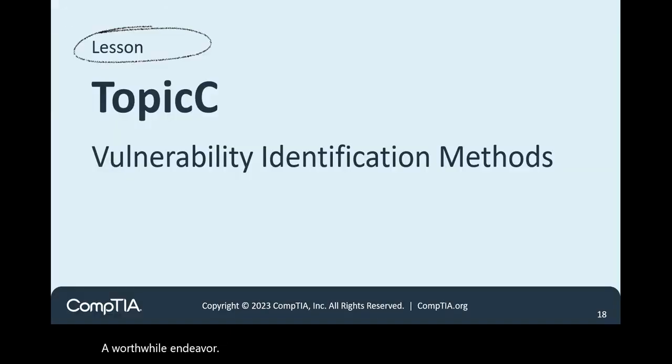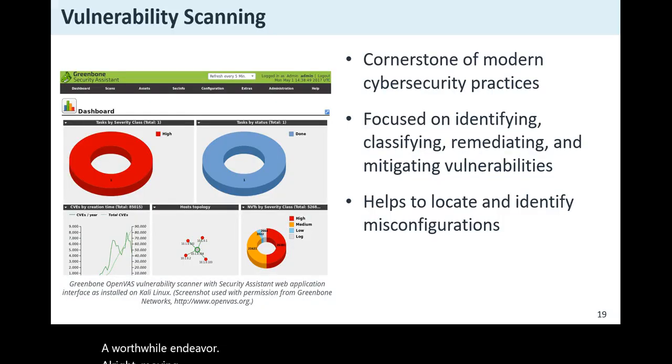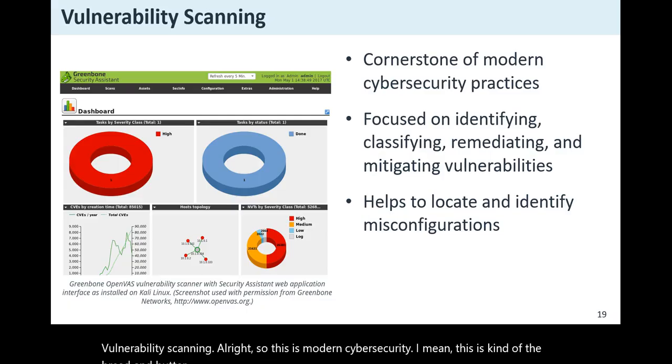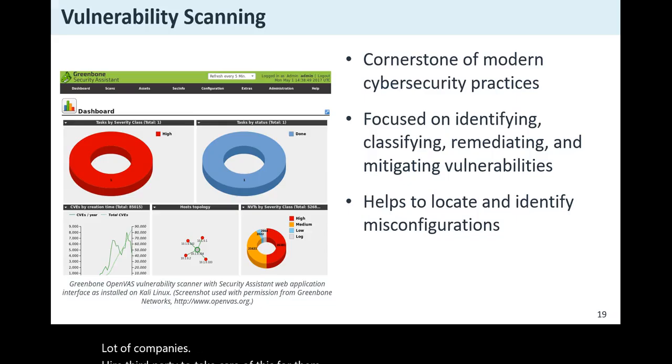All right, moving on. Vulnerability identification methods. Vulnerability scanning. This is modern cybersecurity; this is kind of the bread and butter: scanning existing critical systems or business systems and looking for vulnerabilities that may not have been closed up. It can take considerable effort. A lot of companies hire a third party to take care of this for them, but some companies are big enough they have their own internal teams.